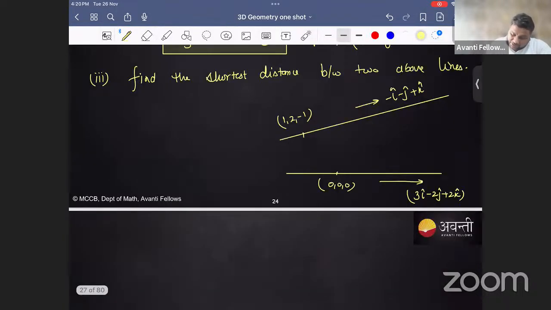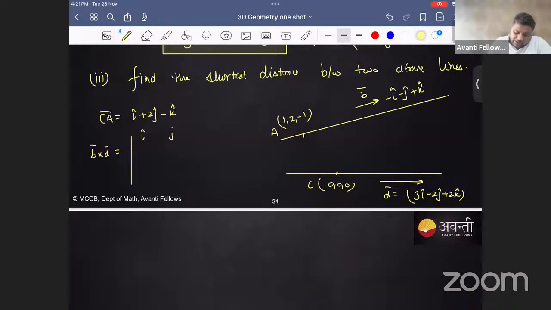Now, this is your A, this is your C. First of all, you want AC or CA vector. So I'm finding CA vector, which will be i cap plus 2j cap minus k cap. Got it? Then if it is your B vector, it is your D vector, then you want B cross D. That is the determinant of i cap, j cap, k cap; minus 1, minus 1, 1; 3, minus 2, 2.